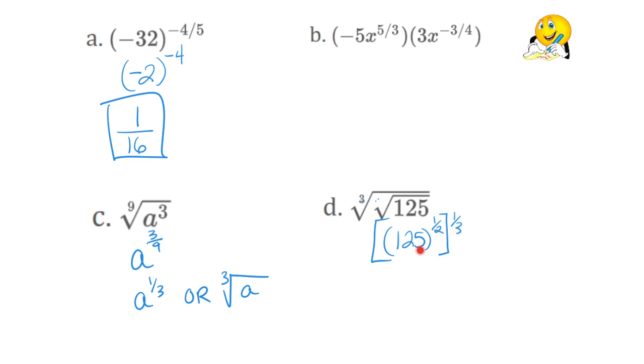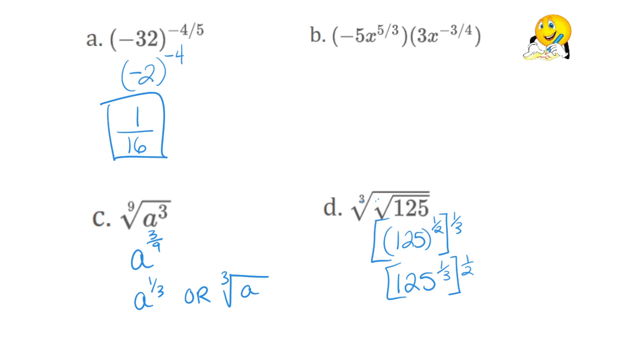I don't love this because the 125 will not square root perfectly for me, but you know what it would do? It would cube root perfectly for me. The order of writing these doesn't really matter because if I were to write it the other way around, I still would end up with a 125 to the 1/6 power.